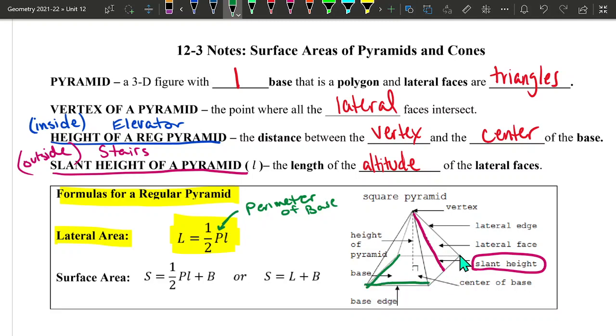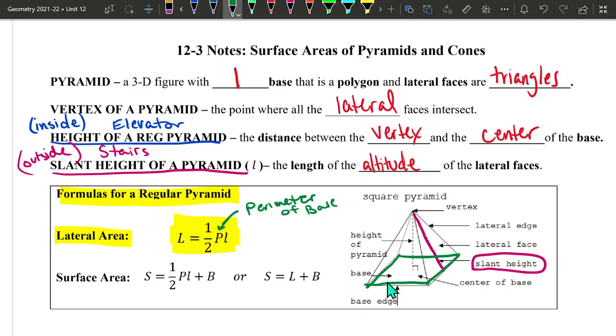So whatever shape the base is, it's not always a square. This one is a square. It could be triangular. It could be a hexagonal pyramid. If it was a hexagonal pyramid, you would have 6 sides, and then you would have the length of a side times 6. This one is a square because it says square pyramid, so it would be the length of the side times 4.